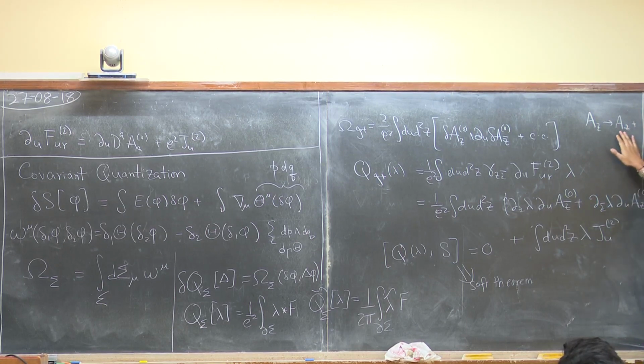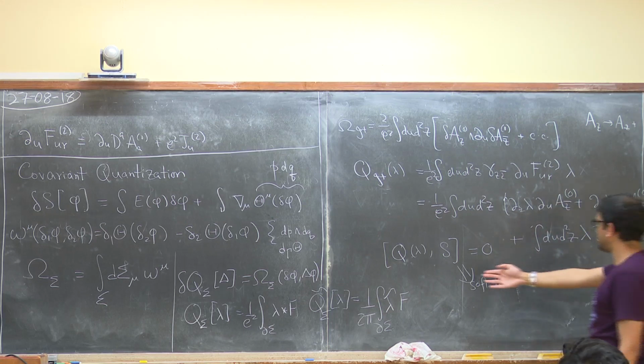So if I start with a given az, I'm not going to be able to cover all of phase space by just choosing all possible lambdas, because I can only move between values of az which differ by a total derivative. So it's a standard gauge transformation. Not all configurations can be mapped starting from a particular point.